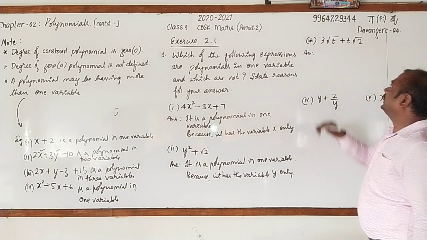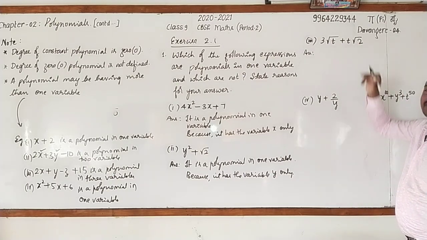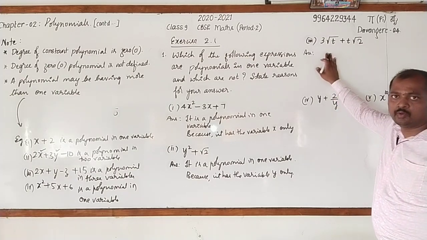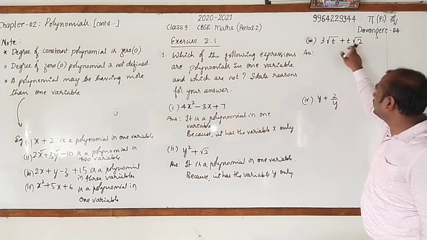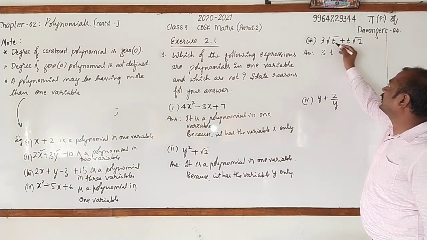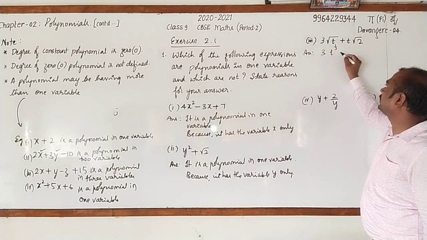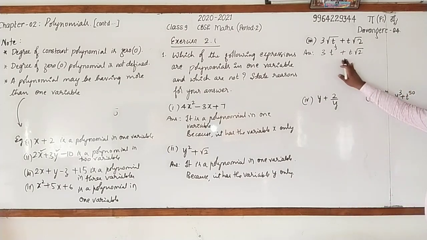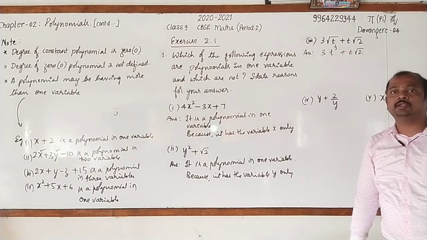Now come to the third. The third one is 3 into root t plus t into root 2. Is it a polynomial? No. How do you say that it is not? Because when rewriting this, we can write root t as t raised to the power 1 by 2, plus t into root 2. It is not a polynomial. The reason is the power is not a non-negative integer.